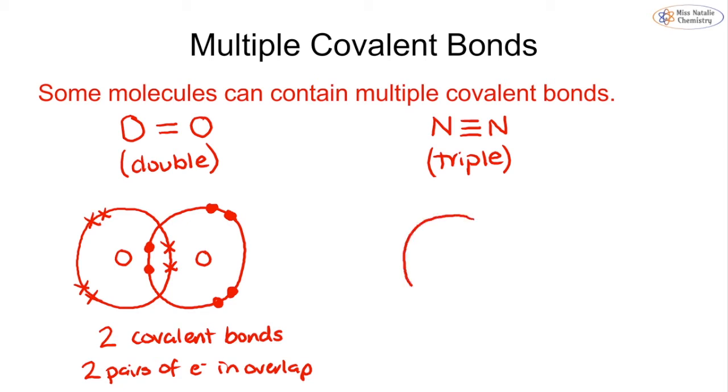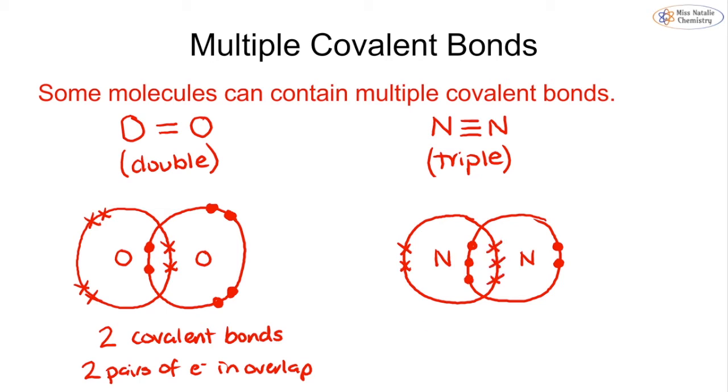So for nitrogen, again, we draw our overlap over 2, and then we have N in the centre, and we have our one lone pair of electrons that's already paired up and exist, and then we've got 3 unpaired electrons that all exist in the overlap, and that gives us 3 covalent bonds because we have 3 pairs of electrons in the overlap.